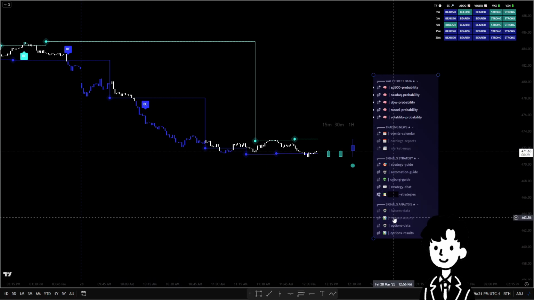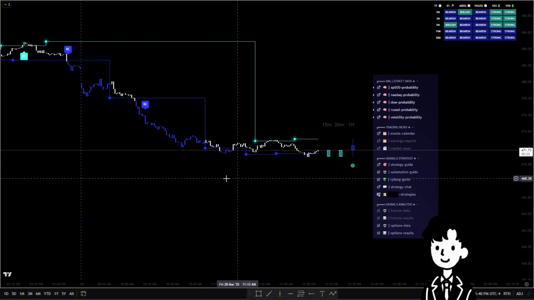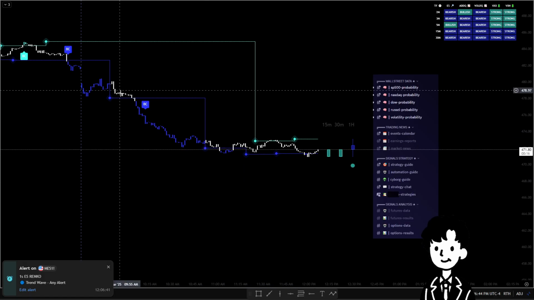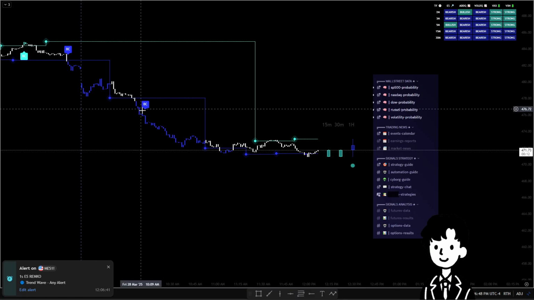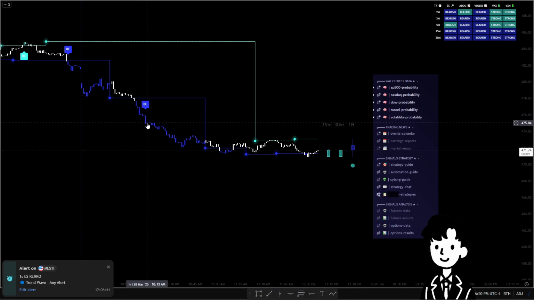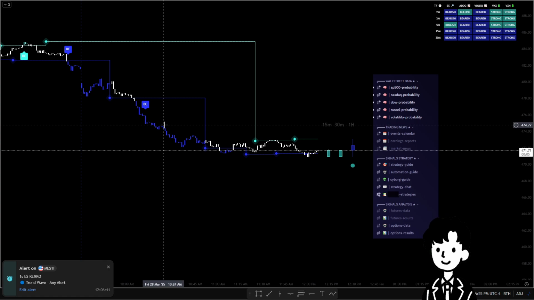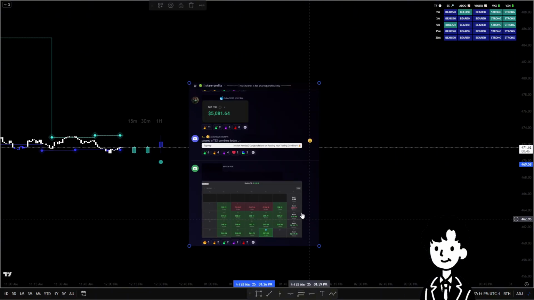For options, it takes breakouts on SPY, QQQ, SPX, and it lets you know the highest price it has achieved during that breakout signal. For futures, it's the same thing. It takes breakouts for NQ, ES, and whatever the highest P&L is achieved during that breakout.